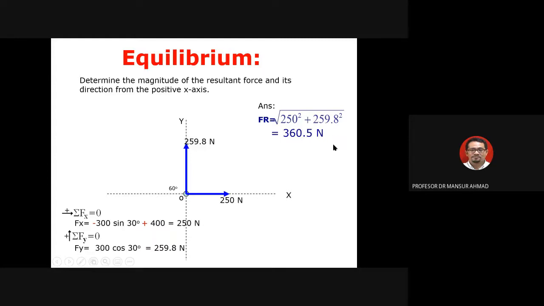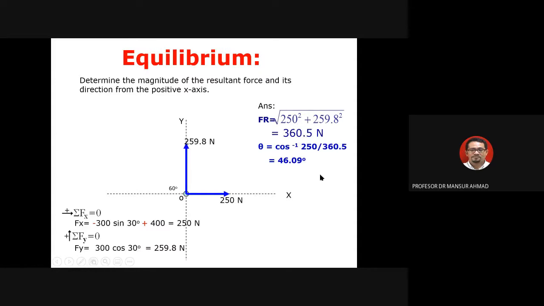So this is the resultant force, and then for the direction from the positive x-axis I'm going to use sine, cosine, or tangent. Over here, I'm using cosine. So the direction from the positive x-axis is 46.09 degrees. In terms of degrees, 0.09 could be significant, because if the angle changes it will make a difference.